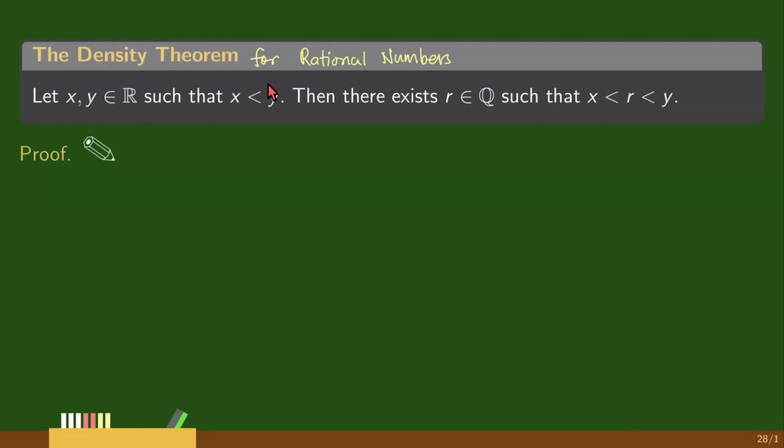Ano sabi? If you take any two real numbers, no? Any two real numbers x and y where x is less than y, ano sabi? In fact, there is always a rational number in between. Ang tanong, bakit sabi mo kanina, sir, infinitely many?